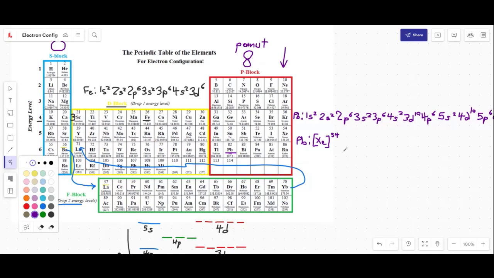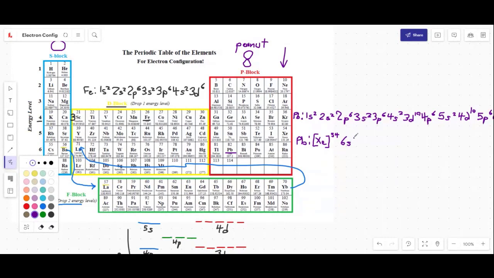That Xe54 basically takes care of all the 1s2, 2s2, 2p6, 3s2, and so on, until you get to the xenon. Then you go straight to what comes after. What comes after xenon? What orbital fills next? The 6s2.